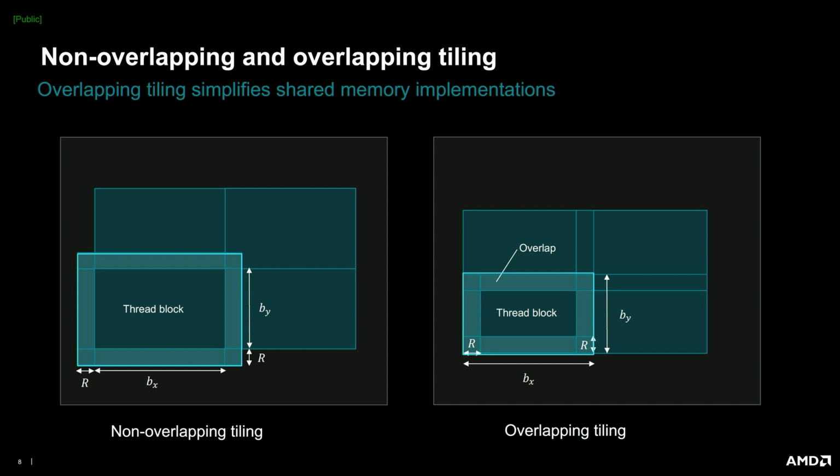In the non-overlapping one, you have your thread blocks, which map to your tiles, right next to each other. They have to load the halo region of data in order to perform the stencil computation defined by the radius R, whereas in the overlap tiling, you can see the thread blocks are overlapping each other by that stencil radius. And I like to focus on the overlapping tiling today.